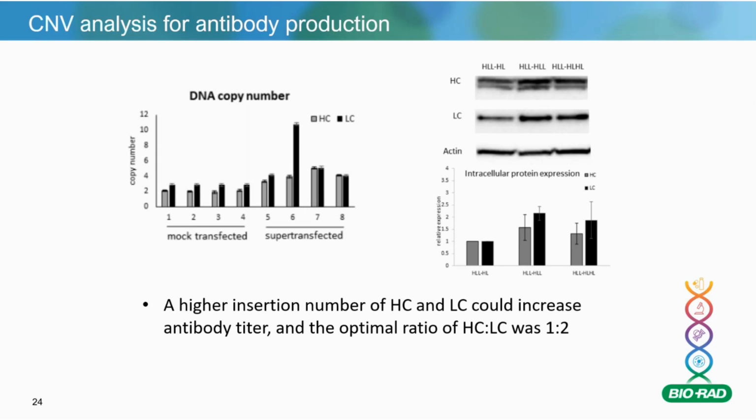So they did this. If you see on the left, they did a cell line and they transfected the cell line with plasmids that contain the light and the heavy chain inserts. And the ddPCR showed the results of a mock transfection, the native copy number, and one which is after transfection. And then on the right, you can see they compared these antibody productions of the various combinations of inserts.